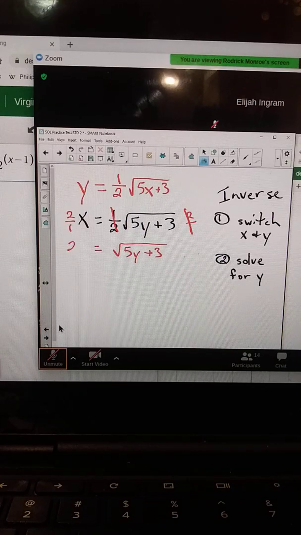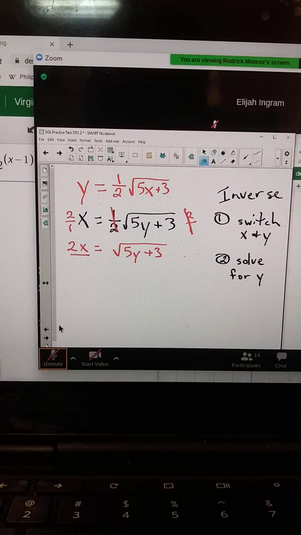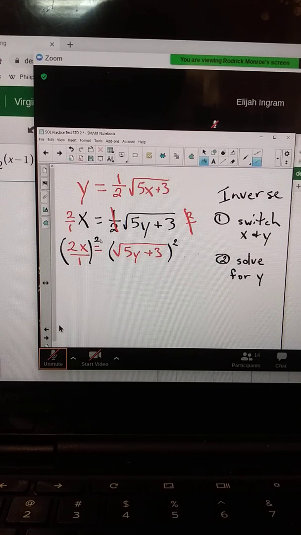So we get 2x over 1. Now we square both sides. The reason we're squaring them is because we got to get rid of the radical, the square root sign. So I'm left with 2x squared equal to 5y plus 3.